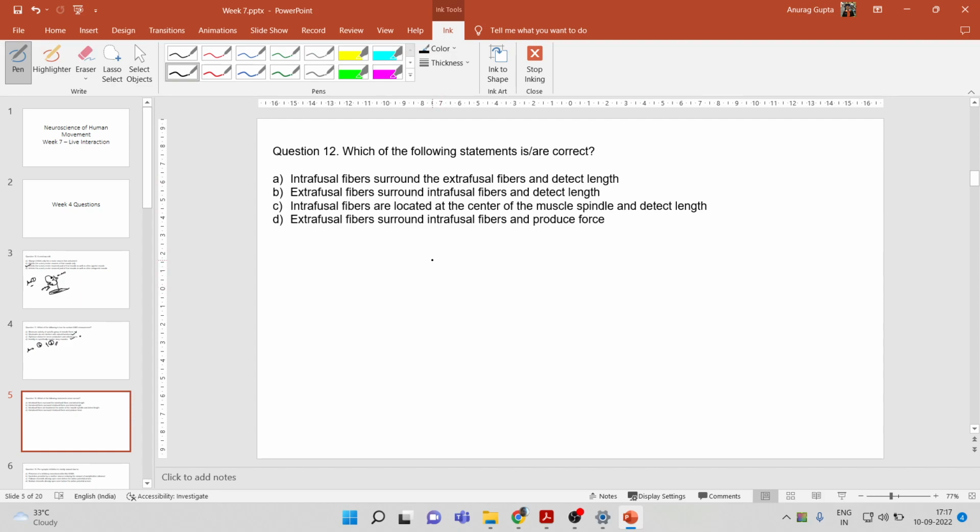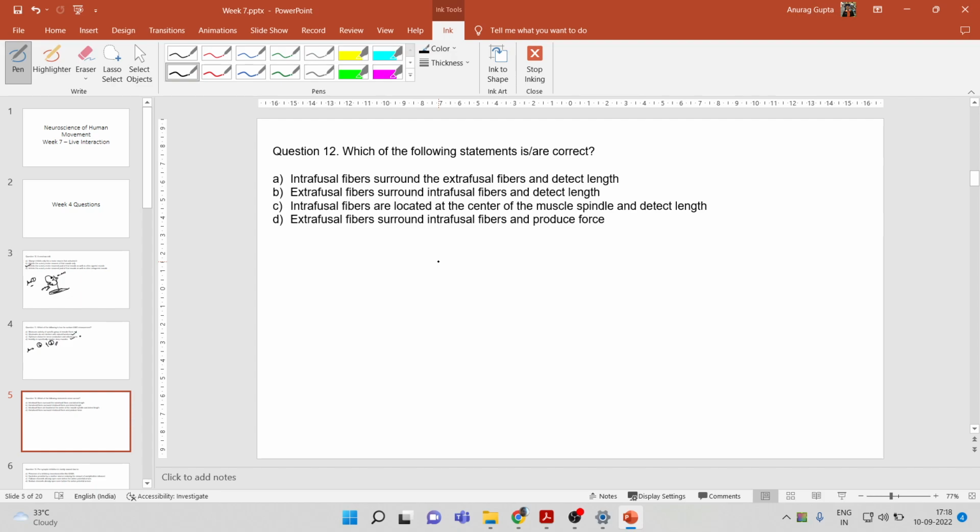Intrafusal fibers are fibers within the muscle spindle, and muscle spindles are sensors in our muscles, which are used to determine the length of the muscle as well as the velocity of contraction. Once you know the length of the muscle, you can get a relatively good idea of the angle of the joint.